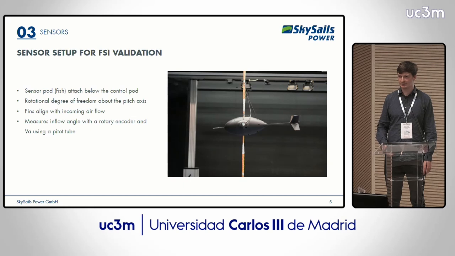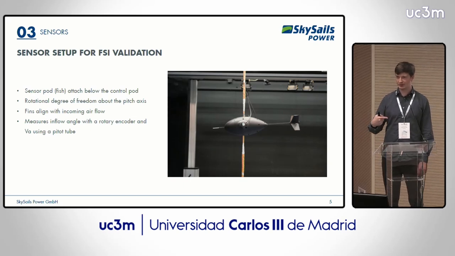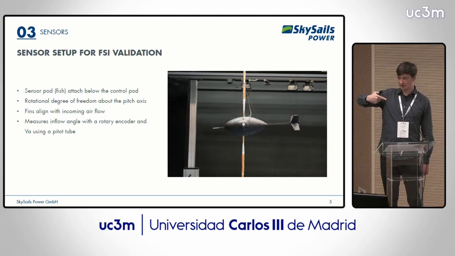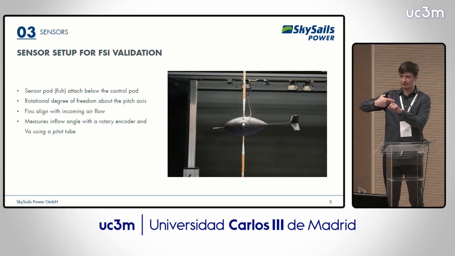In the case of a rigid wing, you always have the chord line, which doesn't deform, but in our case it is deforming. So what we use as a reference is the tether below the control pod. If you have the angle of the sensor fish and the tether, you can determine the glide ratio from that.